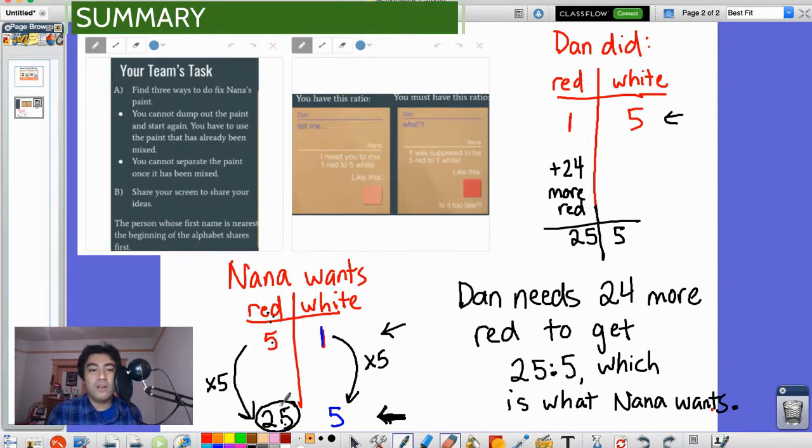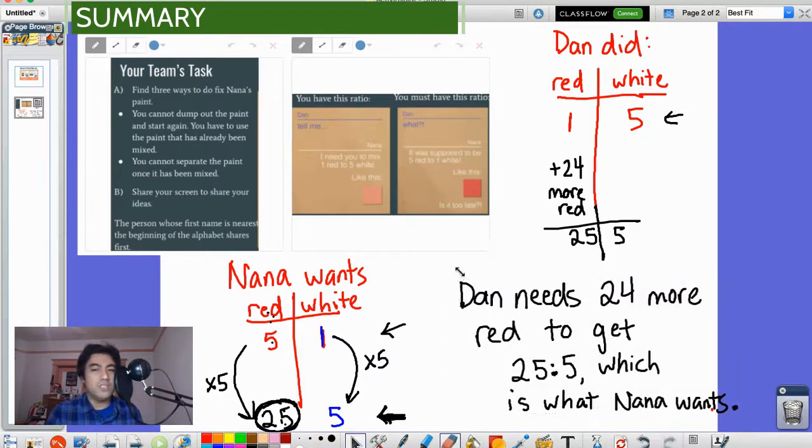And then figure out how much red goes with 5 white. And in this case, we said, oh, hey, we need 25 red. So that means Dan has 1 red, so we need 24 more red to get the 25, okay? So I hope that makes sense, and I hope this guides you to do the next problem, which is very similar.